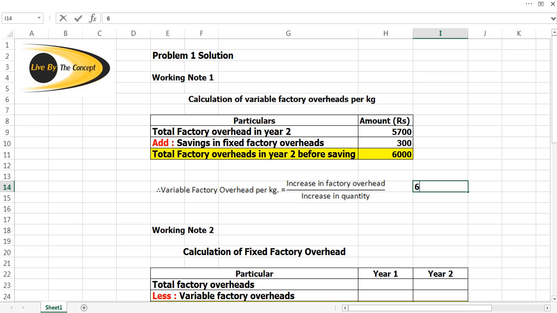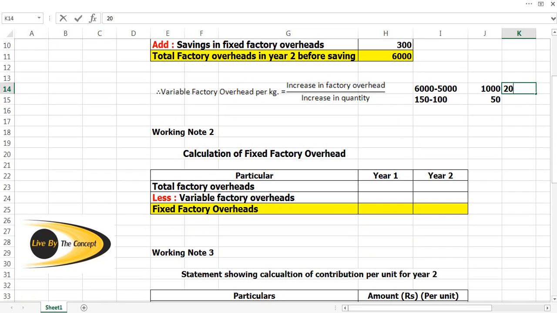So we have 6,000, which is the total factory overhead in year 2, minus 5,000 for year 1, divided by 150 kg of year 2 minus 100 kg of year 1. So we have 1,000 divided by 50. That is how we get rupees 20 per kg, that is the variable factory overhead.